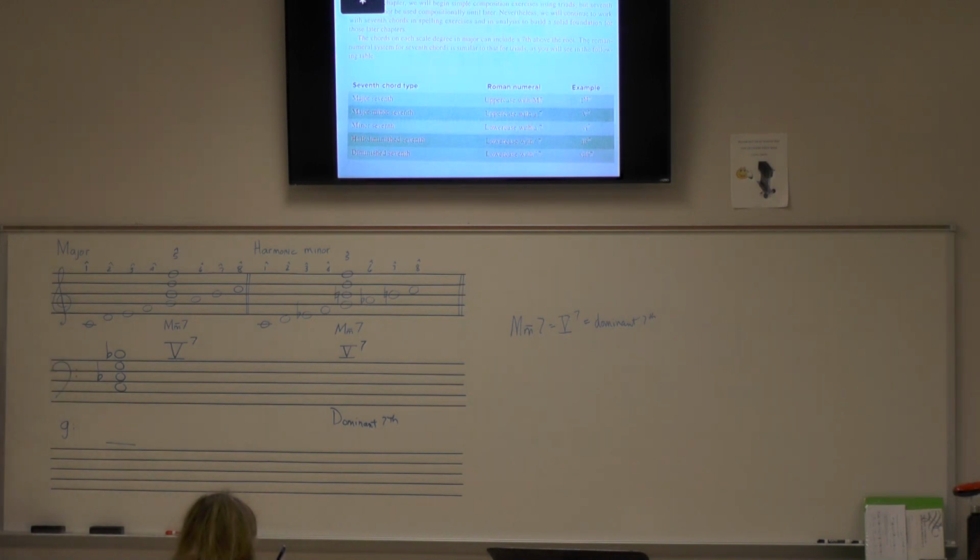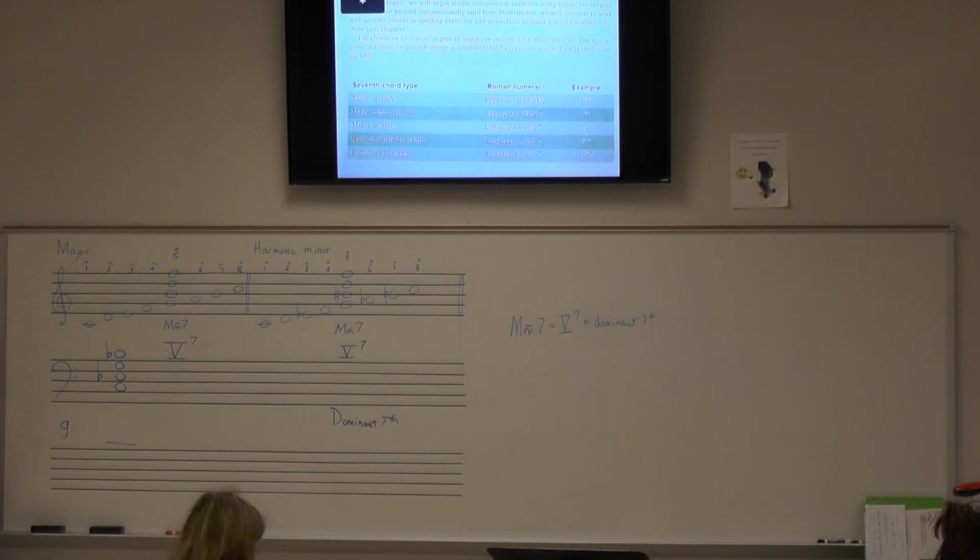I need to know what the proper Roman numeral analysis is for this seventh chord. This is the way I would do it, in three steps. Number one, find the root of the chord so we know what Roman numeral to write. Is this seventh chord in root position? Yeah, it is.